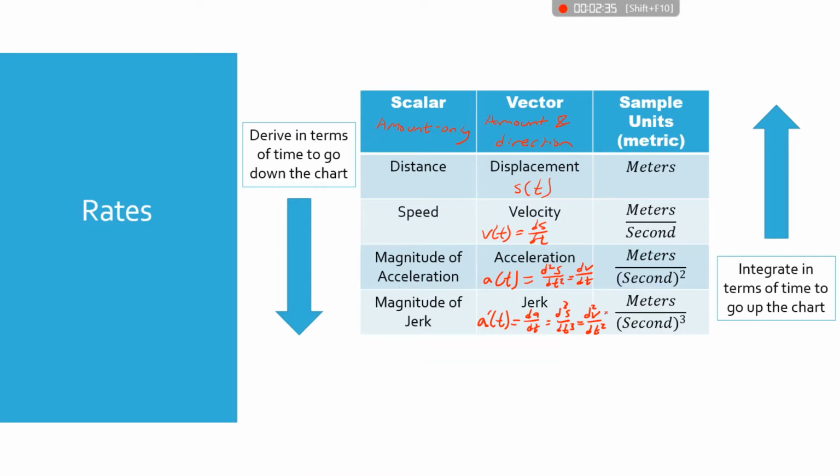Okay, so point is, if I derive down, you'll move down this chart. If you integrate, you'll move up this chart. So if I was going to integrate velocity from time A to time B, then I would get your displacement.